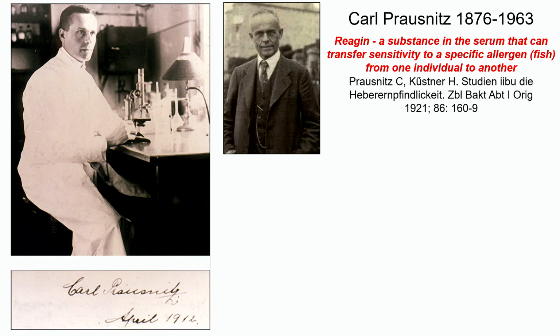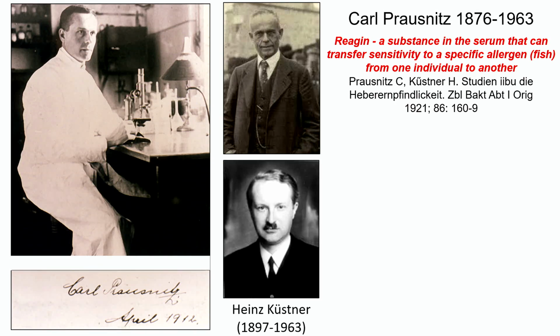Now, moving on beyond eosinophils and mast cells, just describing them as inflammatory cells, the next big step was to understand how these cells were activated and brought into the inflammation. And this is Karl Prausnitz, who lived in Germany when he was doing his experimental work with Heinz Küstner. And what they basically described here was a transferable agent in the serum that moved allergy from a person who was allergic to a person who was not.